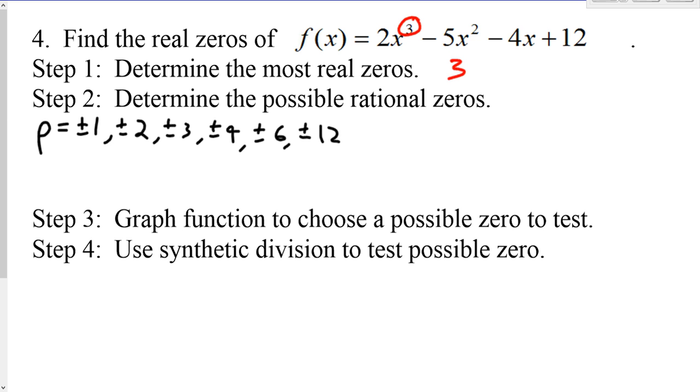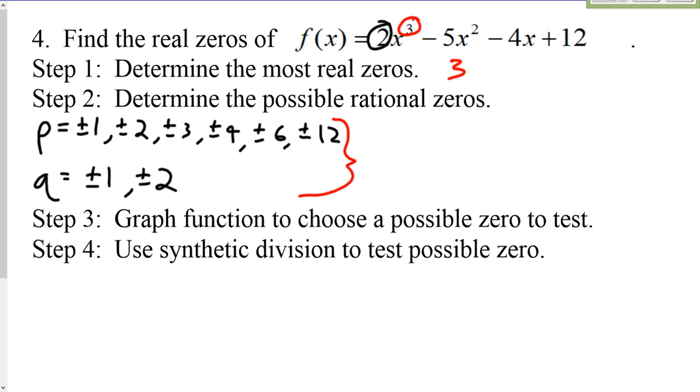For our q, our denominator, that comes from this piece. Okay, so factors of 2 are going to be plus and minus 1 and plus and minus 2. All right, so before I graph this function, I want to make sure I look at these possible solutions.